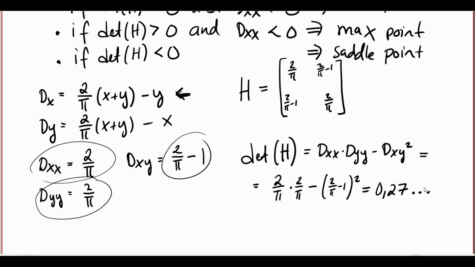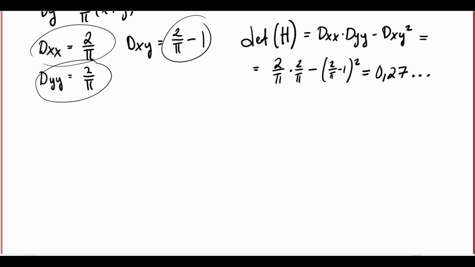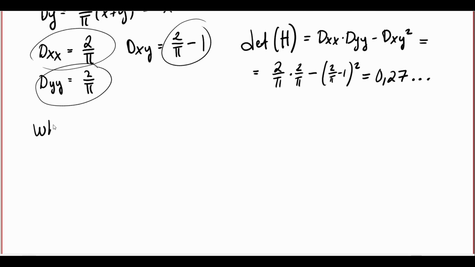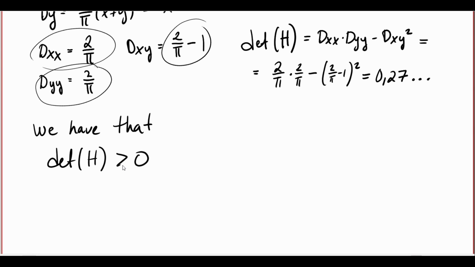So we have that the determinant of the Hessian matrix is larger than 0, and we have dxx larger than 0 because 2 over pi is larger than 0, since we have 2 divided by 3.14.